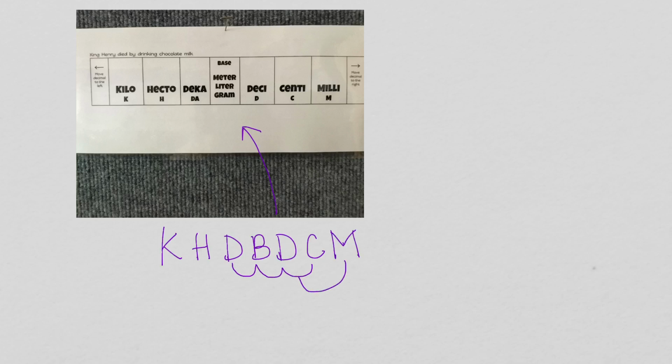I can start at milligrams and move to grams, liters, and meters. Okay, my base is meter, liter, gram. I can move that all over. So I don't necessarily need this chart, because I can quickly just write for myself KHDBDCM by doing King Henry died by drinking chocolate milk.